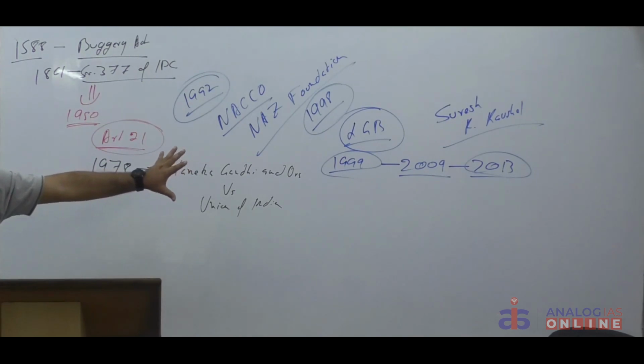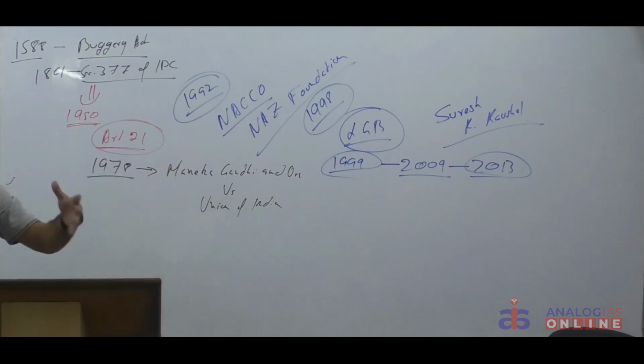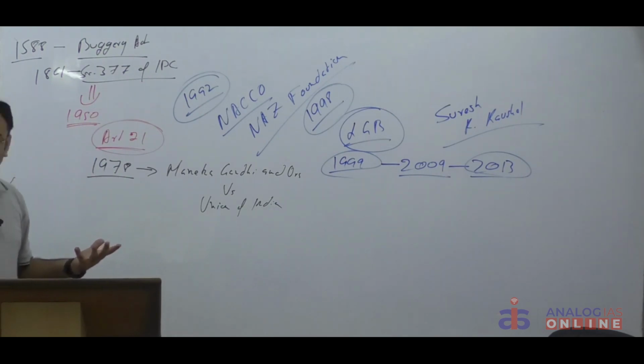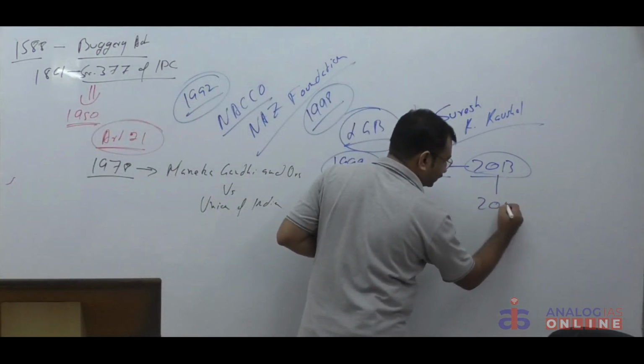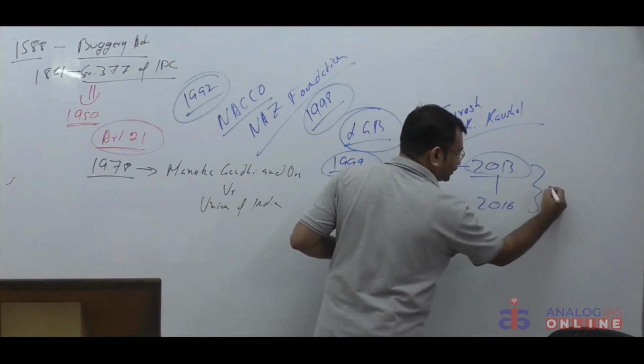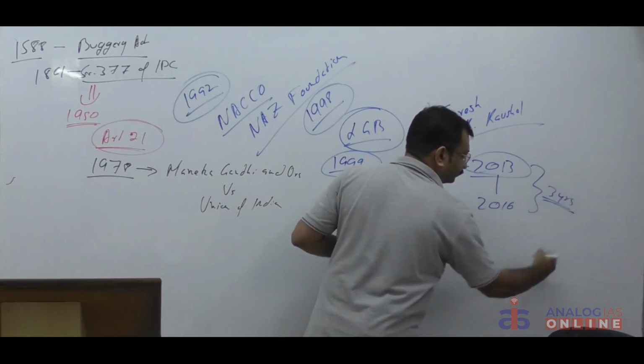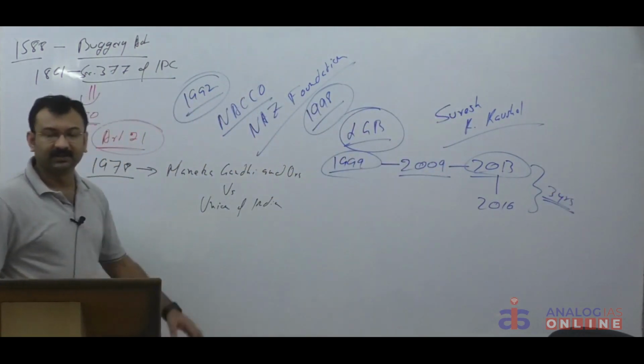Okay? 2013, UPA 2 government, they passed by. 2014 election, they lost. New government came. Two more years went by. 2016, right? From 2013 to 2016, a total of 3 years. Nothing doing.